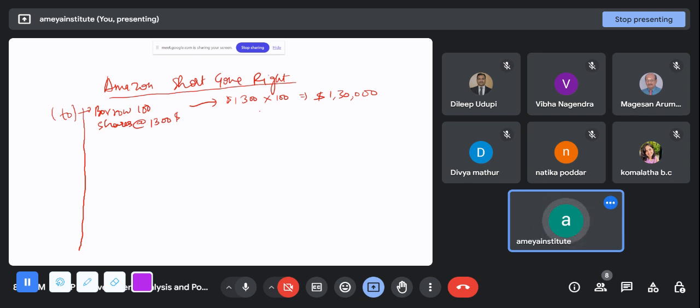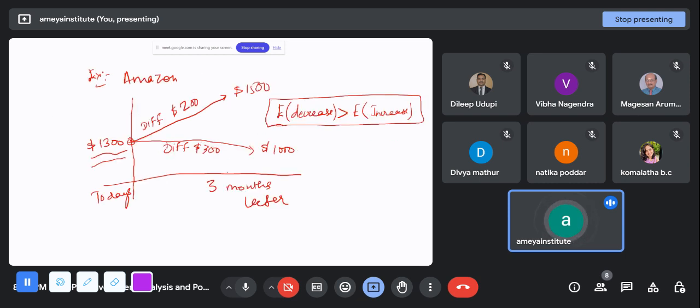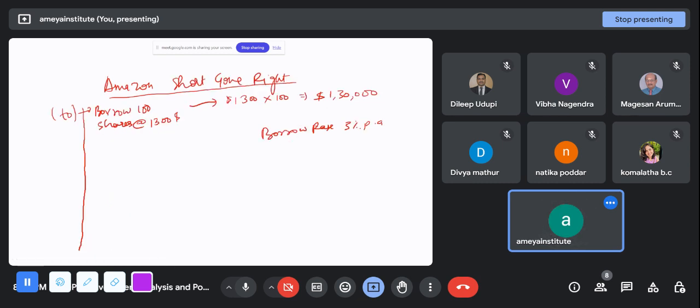Let's check. I borrowed 1,30,000 at a borrowing rate in the market of 3% per annum, right? After 3 months the stock will go to some price. Since 3% is per annum, we convert it into quarterly, so 3% per annum divided by 4.